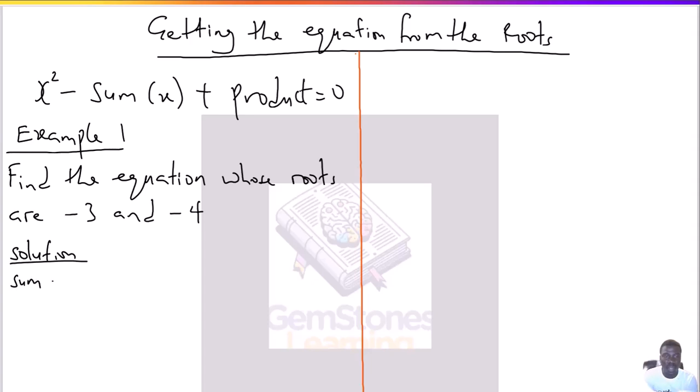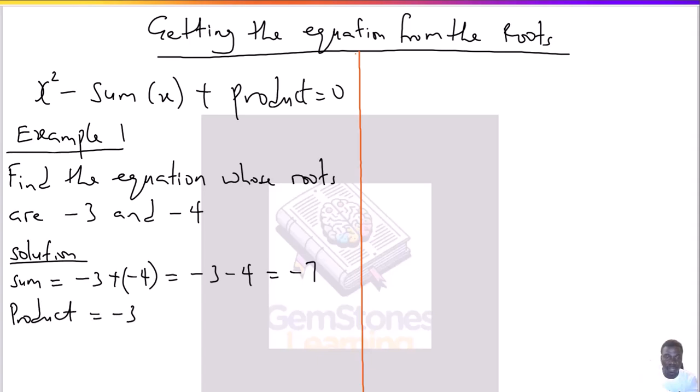And what is the sum? The sum is simply minus 3 plus minus 4. So plus times minus is minus. That will be minus 3 minus 4, and that is equals to minus 7. How about the product? The product is now equals to minus 3 times minus 4. And that is equals to positive what? 12.